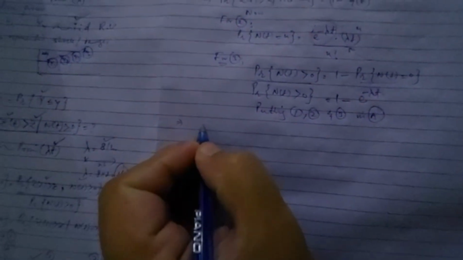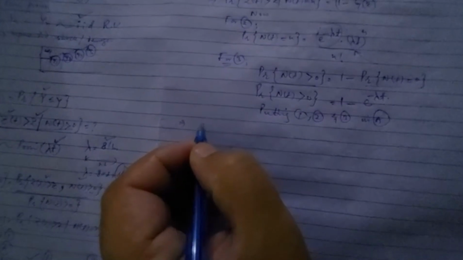So now putting the values, I will write the A equation over here and then put these 1, 2, 3, so that you understand.